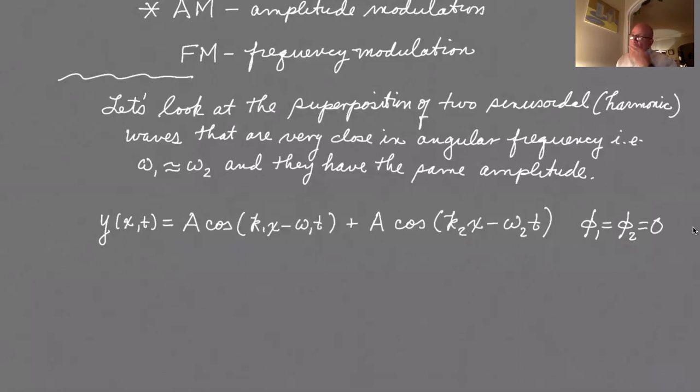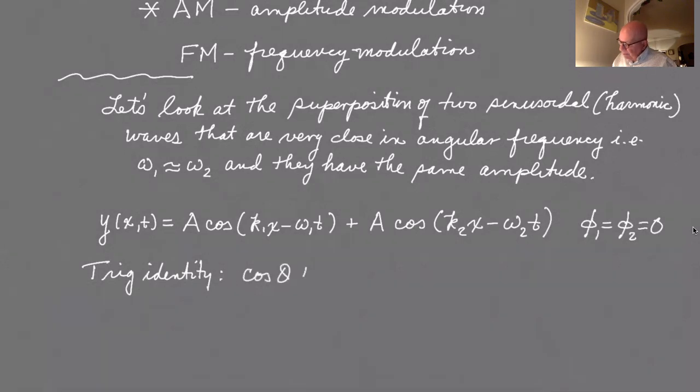Okay. Now, we'll need a trig identity. And this is not one that you typically remember. And so it can be a lookup. Just look up on Wikipedia trigonometric identities.